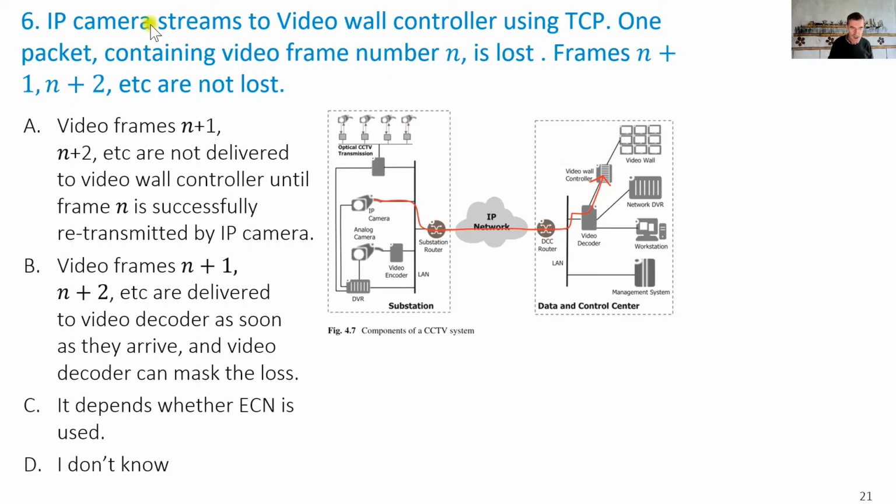And I'm assuming one IP camera streams to the video wall and uses TCP, which is very commonly used. But one packet containing video frame number N is lost. Then what happens next to the rest of the video frames? I'm assuming, if you want, that one video frame fits in one packet. So frames N+1, N+2, etc. are not lost. What will happen?